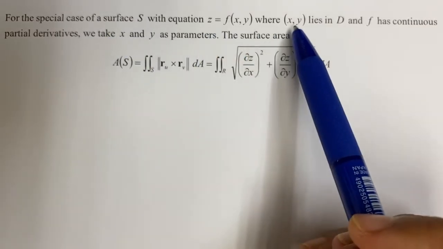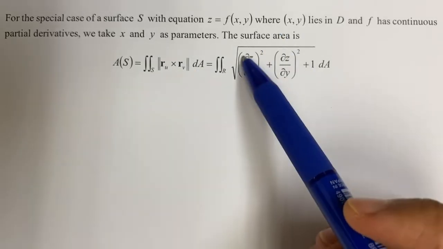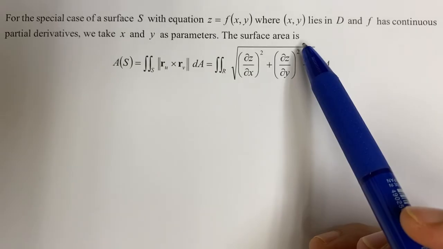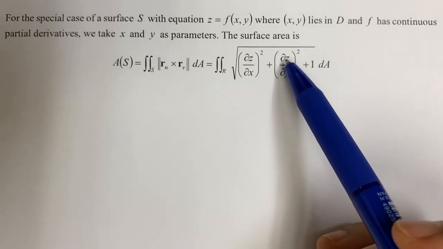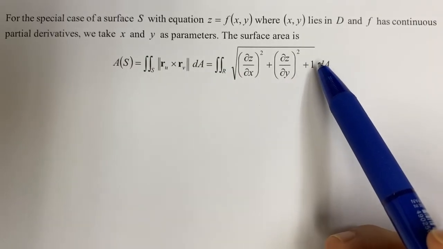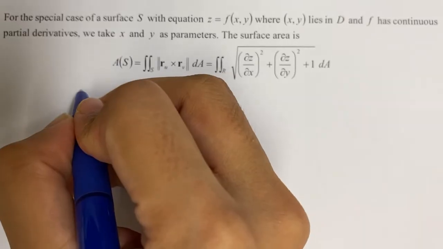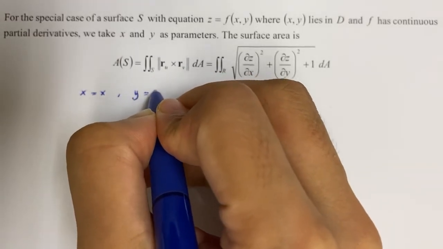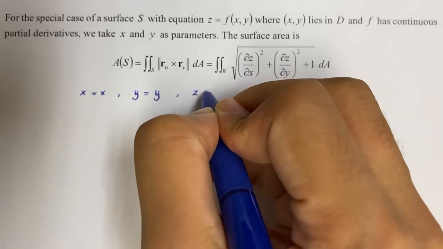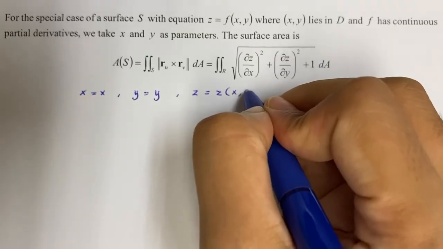The surface area can then be solved by the double integral over D of the square root of (del z over del x) squared plus (del z over del y) squared plus 1 dA. How to explain this? For example, if you have x equal to x, y equal to y, and z written as a function of x and y, so you have z(x,y).